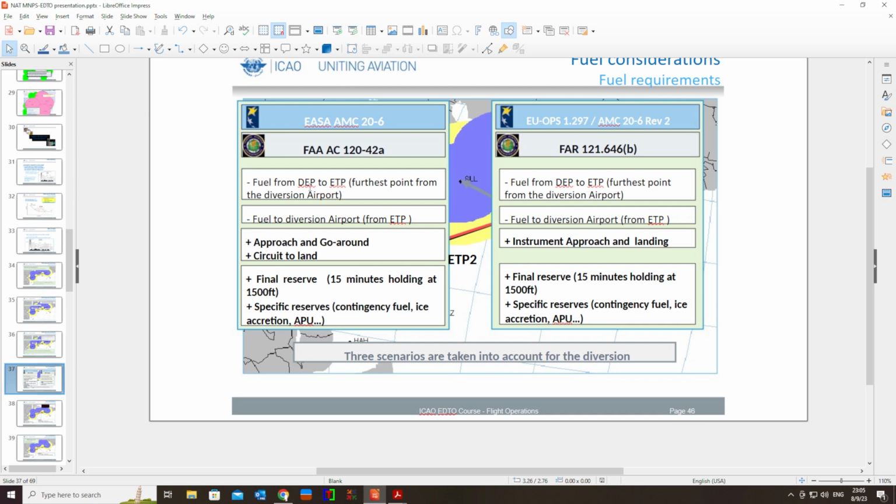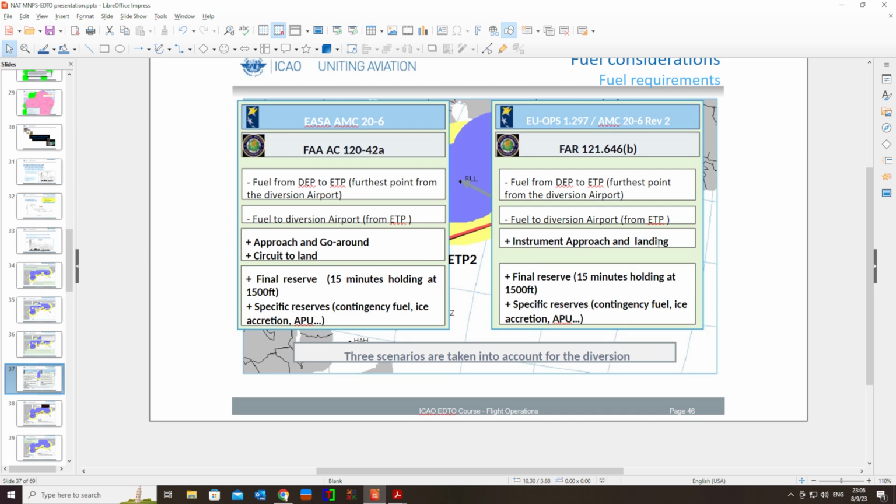So obviously we have to have the fuel from departure to the equal time point, to the farthest, to the longest one. Same for both EASA and FAA. Fuel to diversion airport from ETP, the ones that we have chosen for. And then for FAA, it's gonna be an approach and go around plus a circuit to land. These are extra fuel.